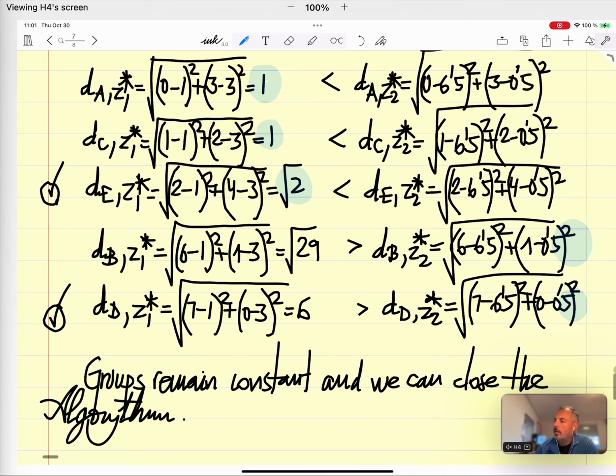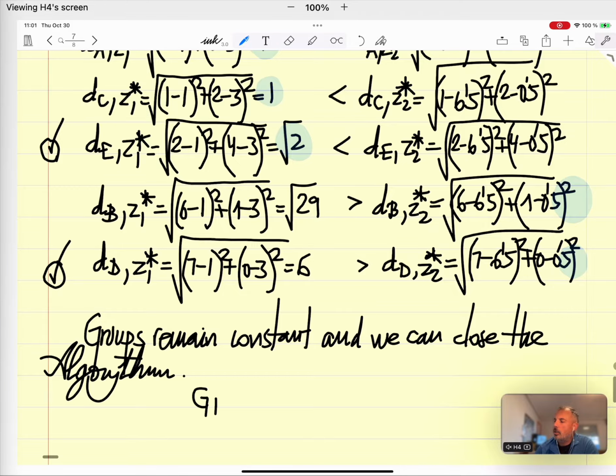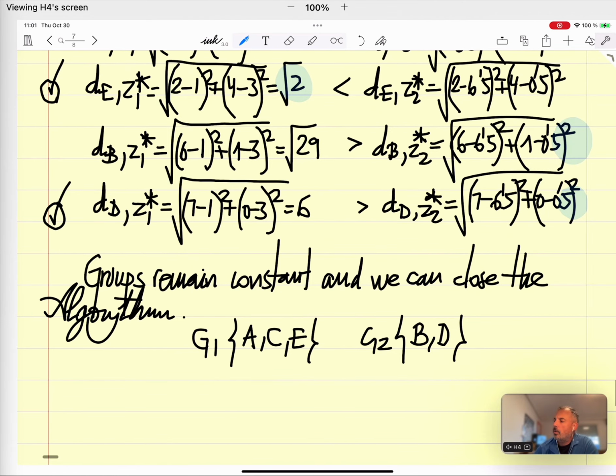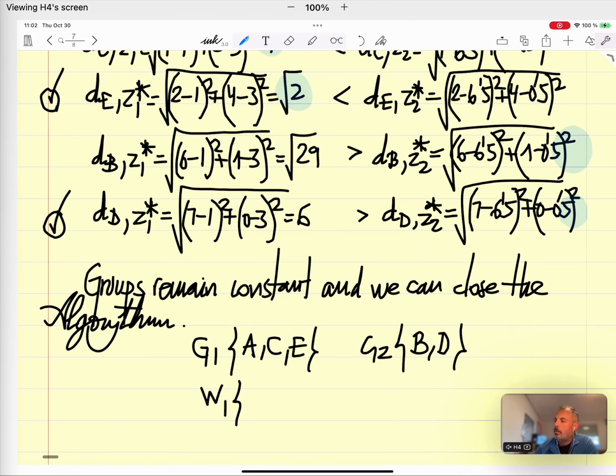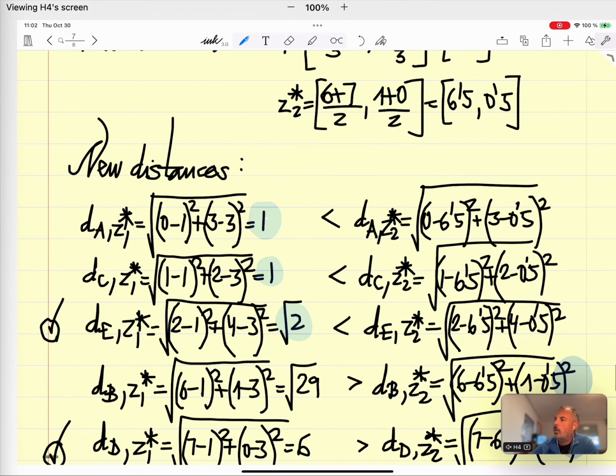So the real groups are G1: A, C, and E, and G2: B and D. Our warehouse 1 is located at 1, 3. Warehouse 2 is located at 6.5, 0.5.